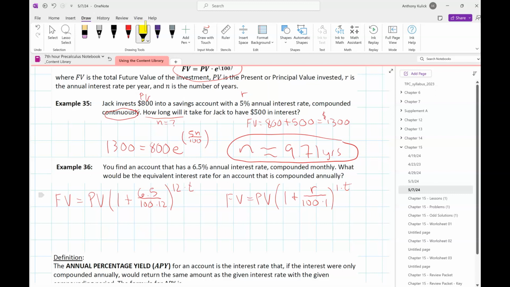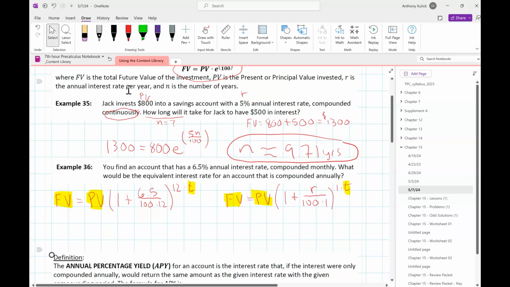If I compare the equations, notice that those parts are identical, right? That I've highlighted in yellow.